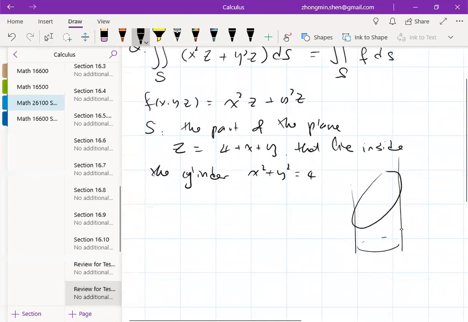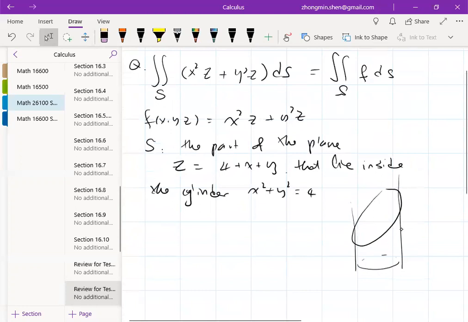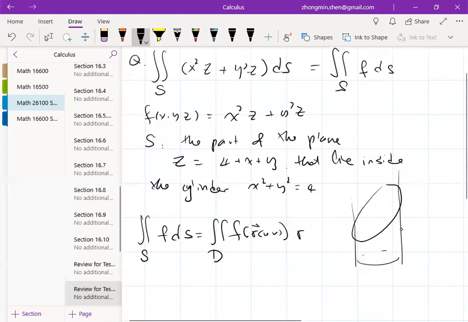To solve this problem, we just use the formula for the surface integral using parametric equations. First of all, you write down the formula: a double integral of f, which depends on the parameterization with parameters u and v.